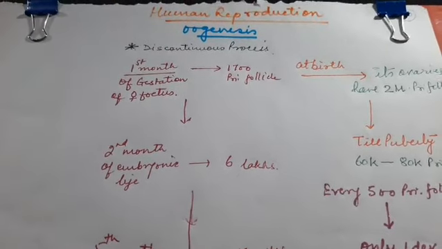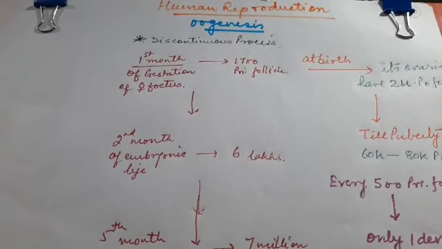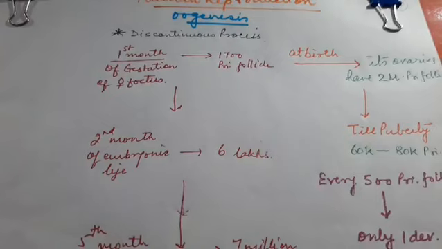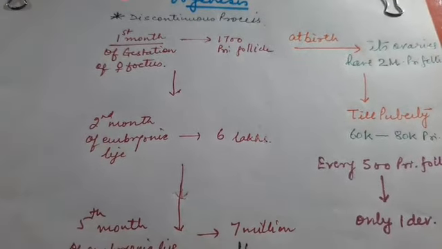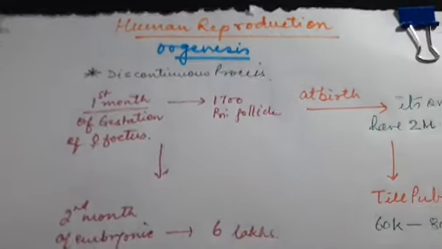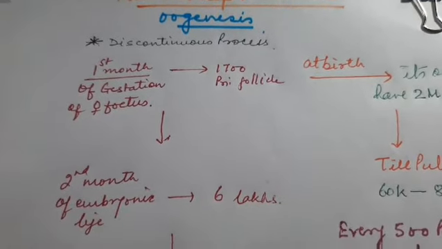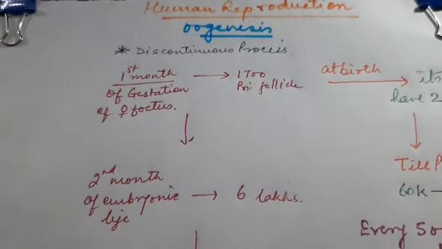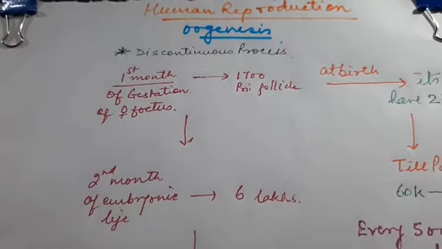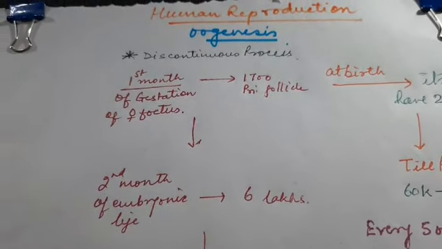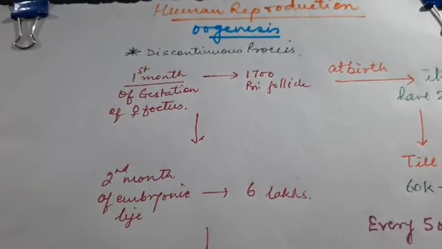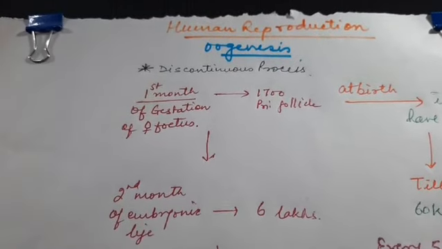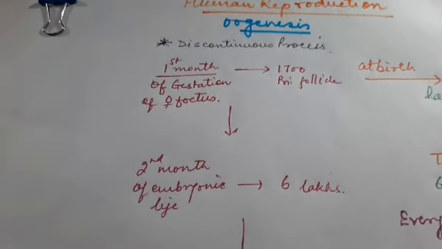So, there are certain interesting things in human females. In the first month of the gestation period, that means the female embryo is growing in the mother's womb. We are talking about that growing embryo which is female. This fetus is just 1 month old and the gestation period has started.